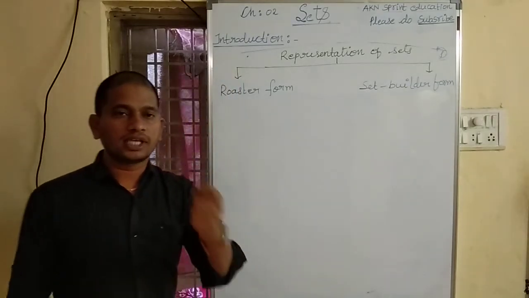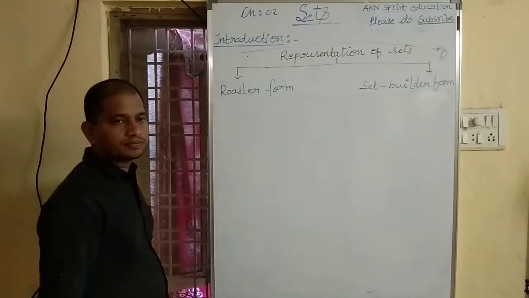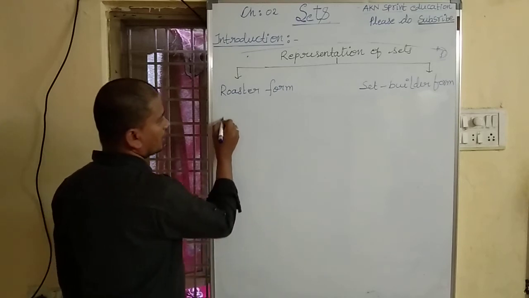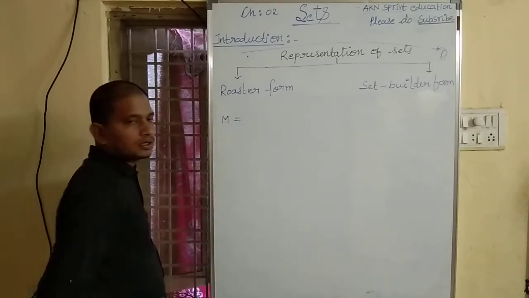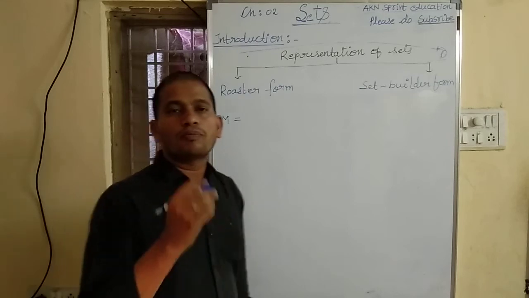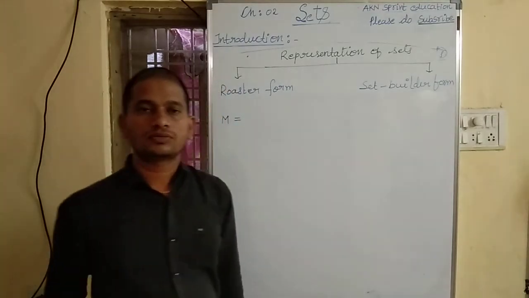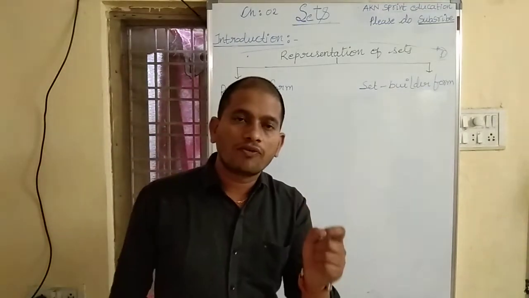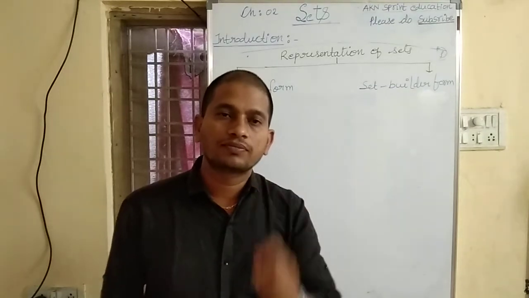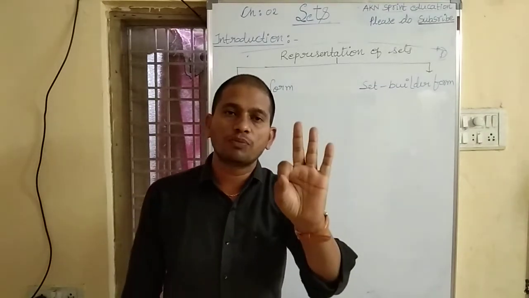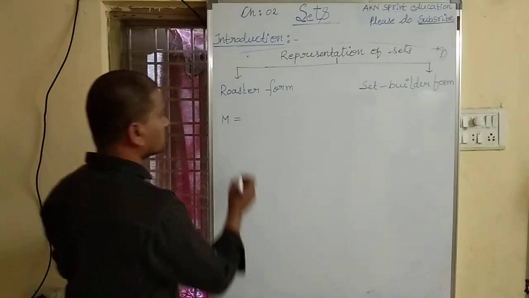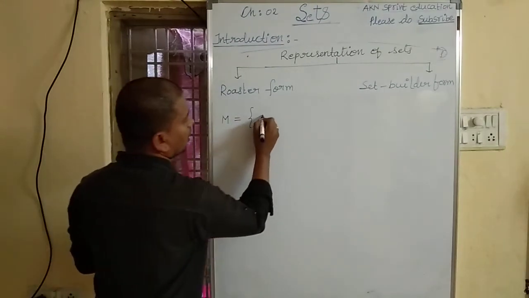Let me say one example. For example, my set is M. M is the set of molars in our teeth. What is our set? Set of molars in our teeth. Actually, we have 3 molars. So, what is the first molar?